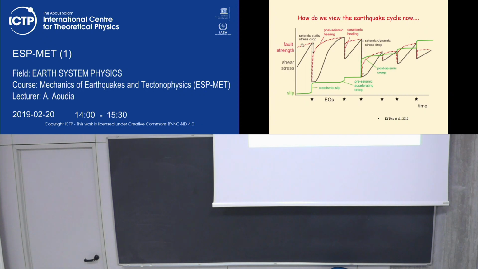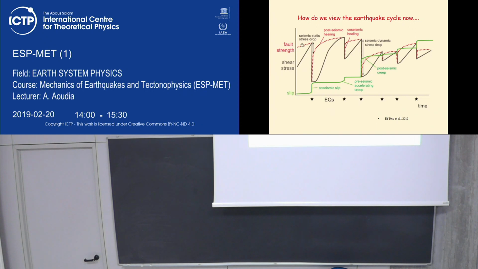And in this slide, basically, we're putting plenty of different information. This is seismology, space geology, modeling, and rock mechanics experiments. But who can tell me what is the magic parameter that controls all this behavior?